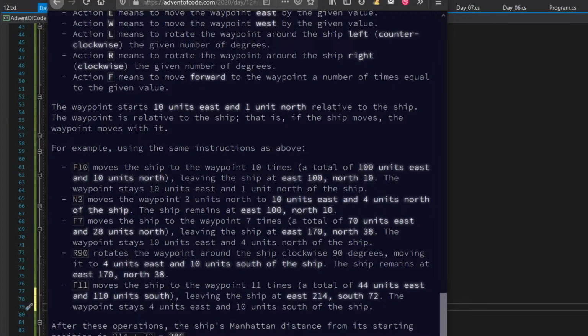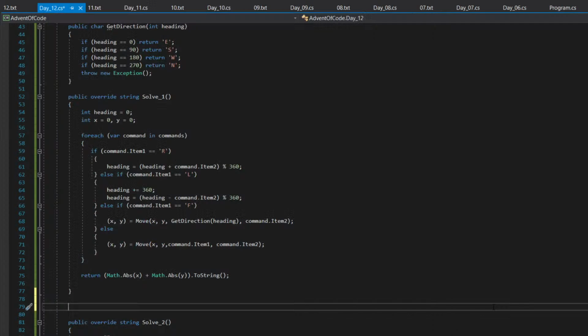I assume we're doing everything in Manhattan distance. Will a cosine still work? I hope so.